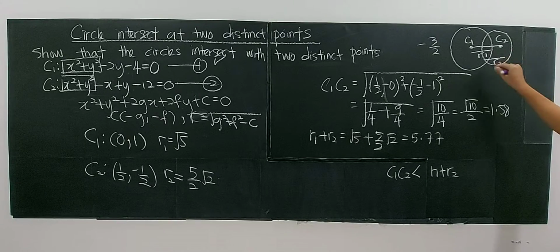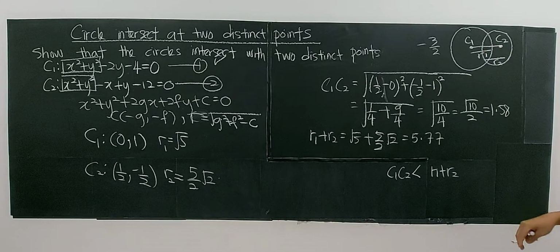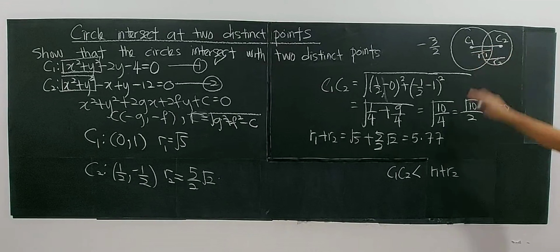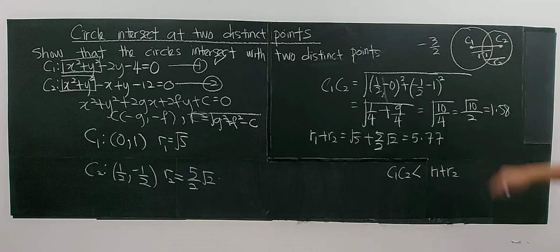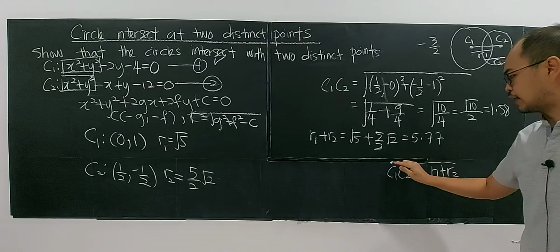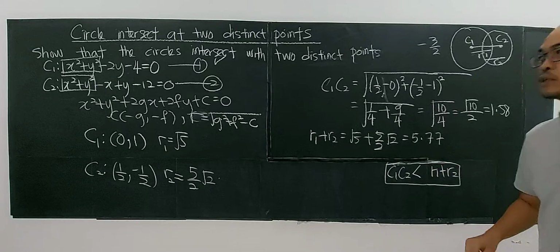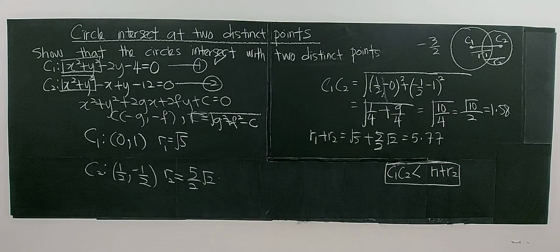Part of radius 2 lies within radius 1, so the sum of these two will definitely be greater than the distance between the two centers. So as long as you can verify the distance using this concept, you have shown that the two circles intersect at two distinct points.